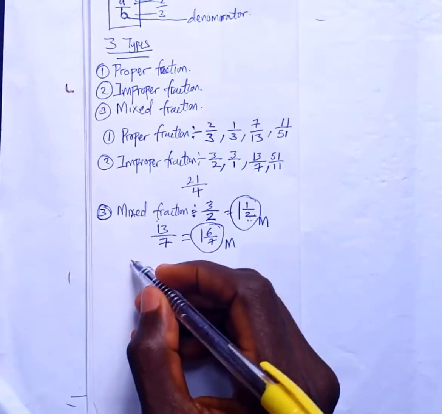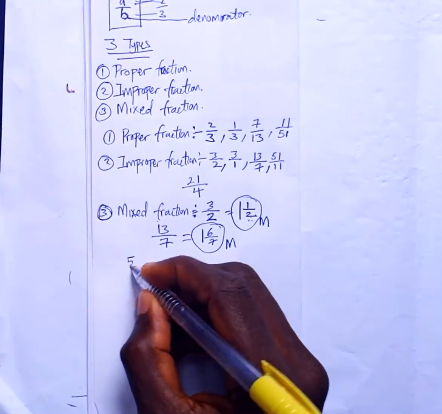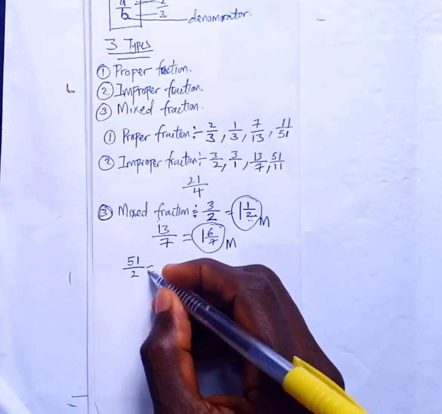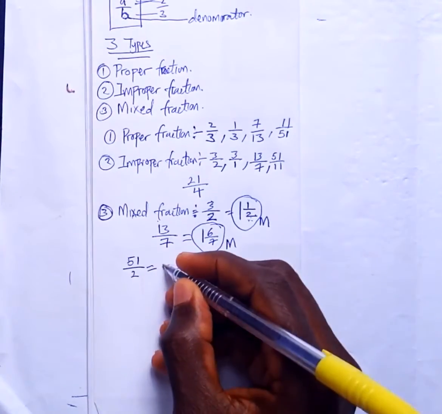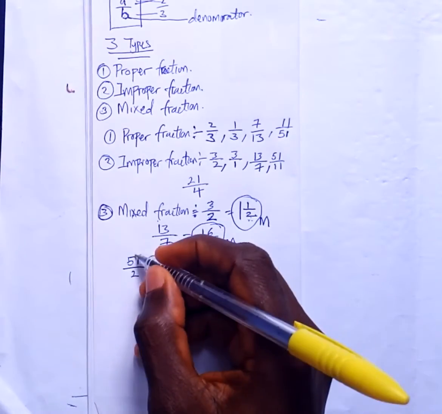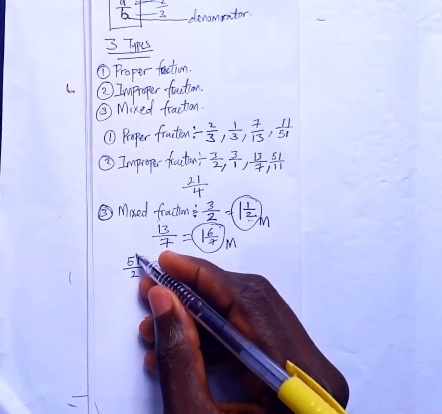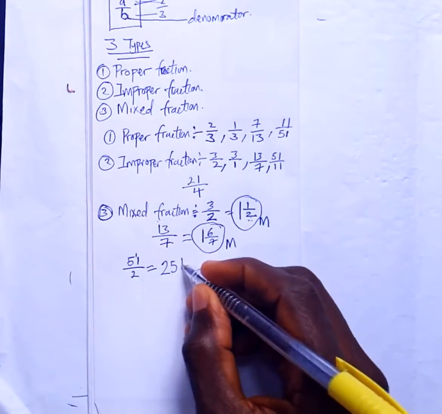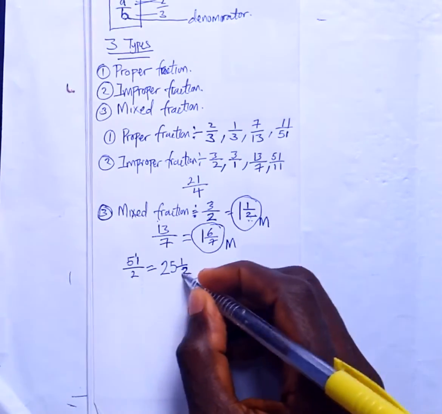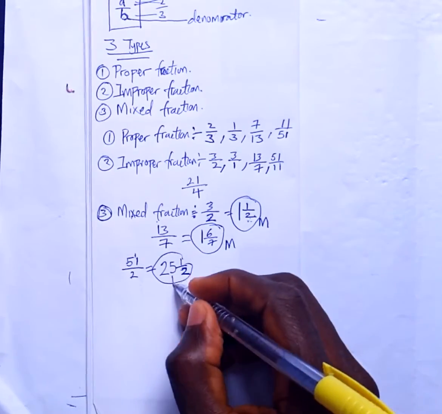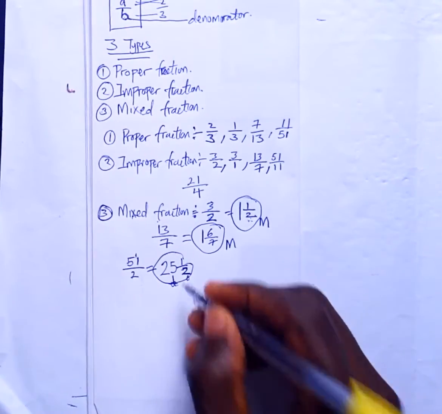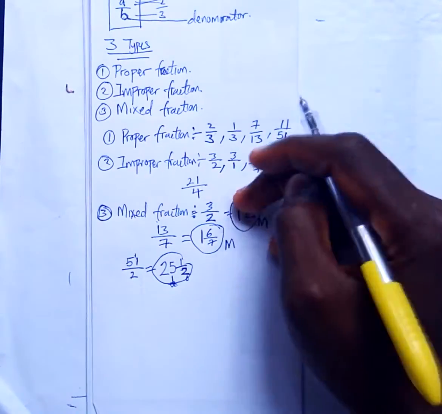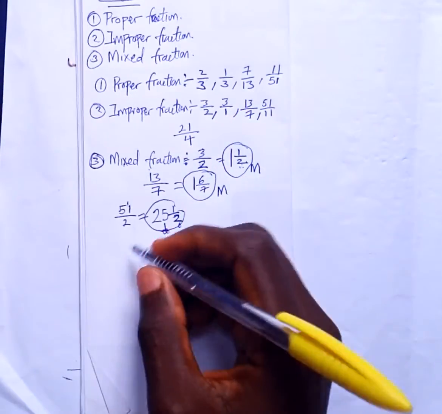Again, when you have 11/2, how many 2s in 11? 5, remainder 1, so 5 and 1/2. So this is a mixed fraction. You are mixing a whole number and a proper fraction together.